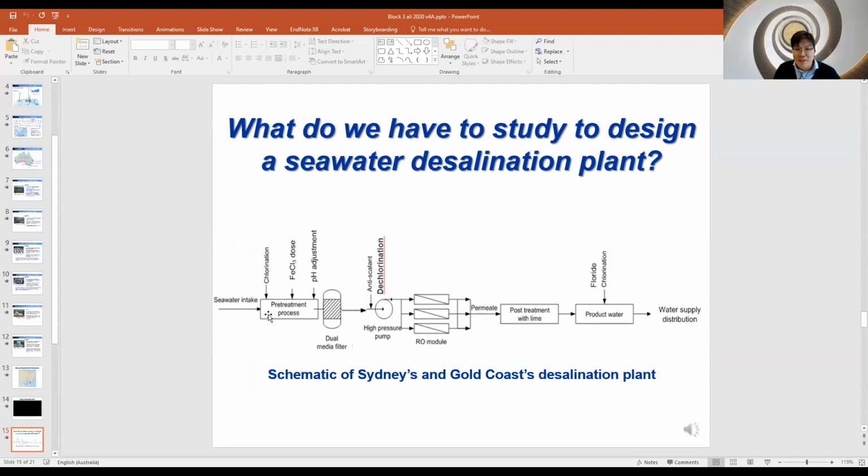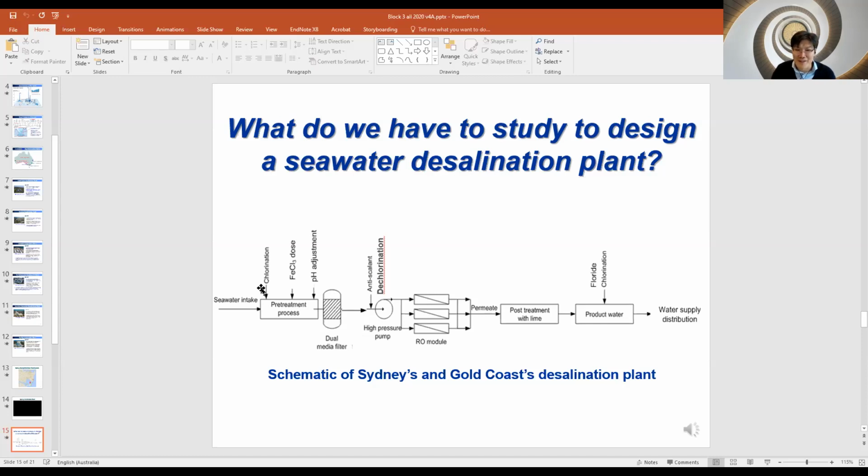So I didn't include the drum screening here. So yes, you are correct. Drum screening is supposed to be here, because drum screening is a very simple way of handling water flow. You don't have to design it very seriously, just put a kind of screen in your water feed.